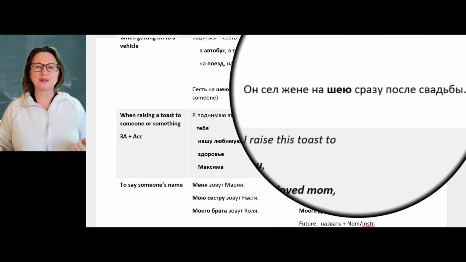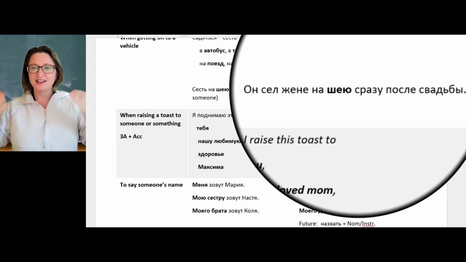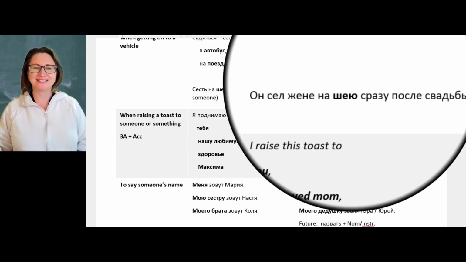So here's an example. Он сел жене на шею сразу после свадьбы. Basically, right after the wedding, he just pushed all the responsibilities on his wife and he was just relaxing. So literally, шея is our neck. So he sat on her neck right after the wedding. That's how we say it.